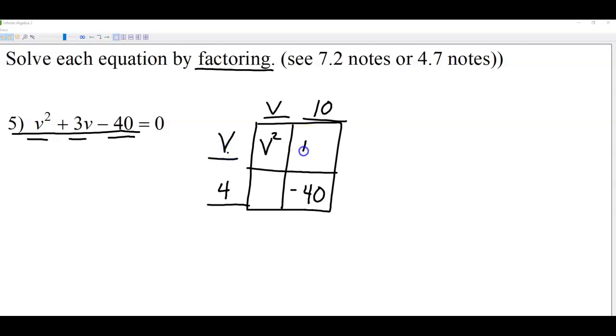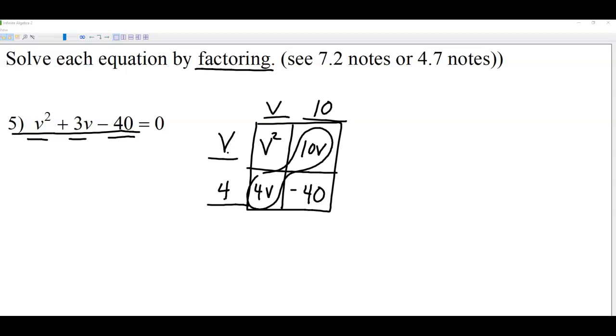V times 10 is 10v, and 4 times v is 4v. Now we know that we're right if these 2 numbers here can combine to make 3. But there's no way that 4 and 10 can make 3. You can't add them to get 3, and you can't subtract them to get 3.